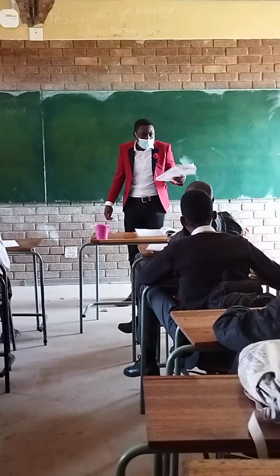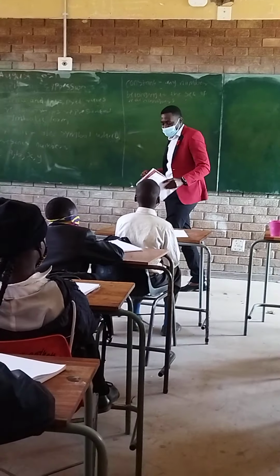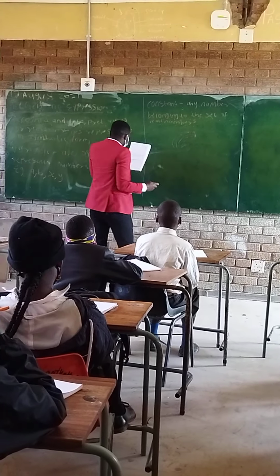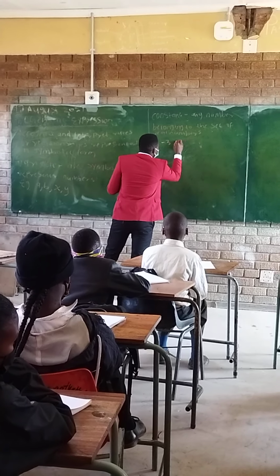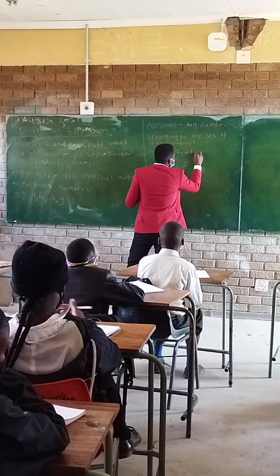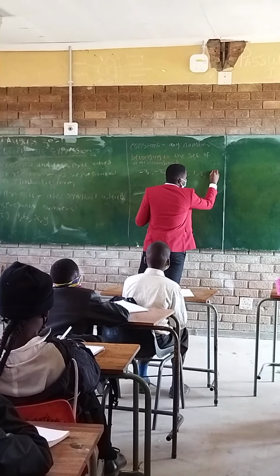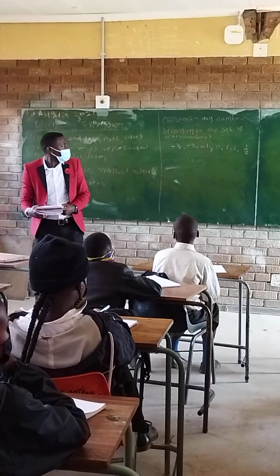Then, for example, examples of constant are -3, -2, -1, 0, 1, 2, 1 over 2. These are examples of constant. Okay?